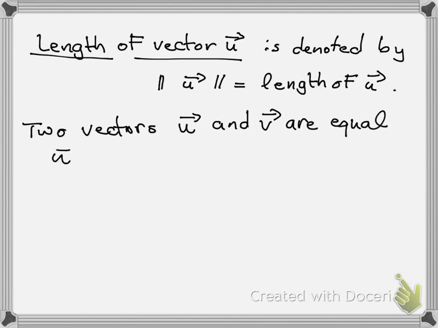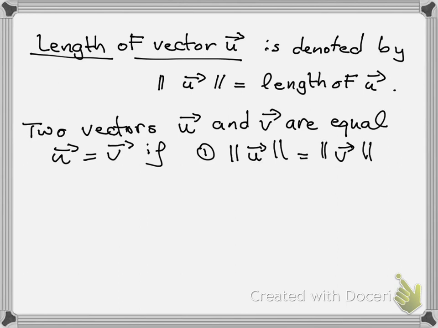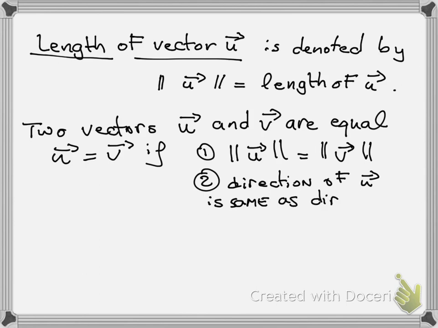So u is equal to v if, first, they have the same magnitude or length, so the length of u is equal to the length of v, and they have the same direction, so the direction of u is the same as the direction of v.